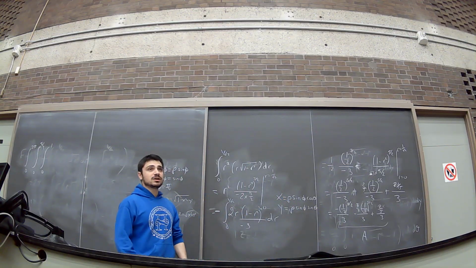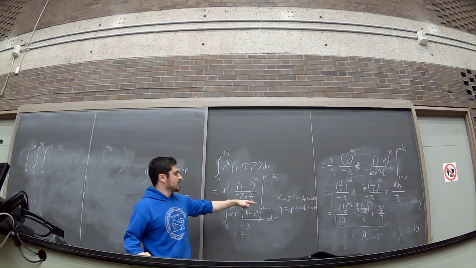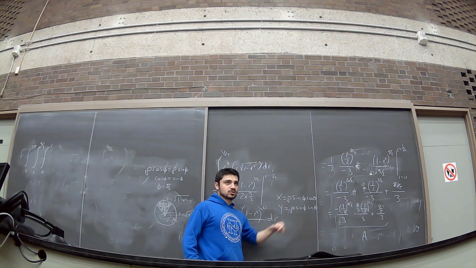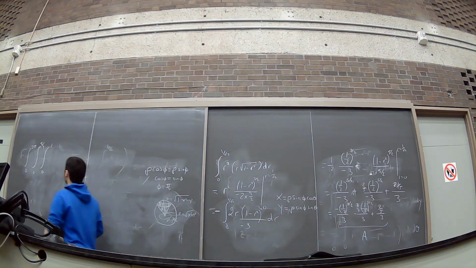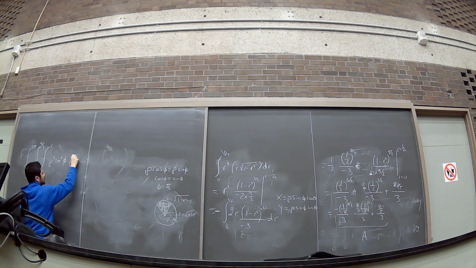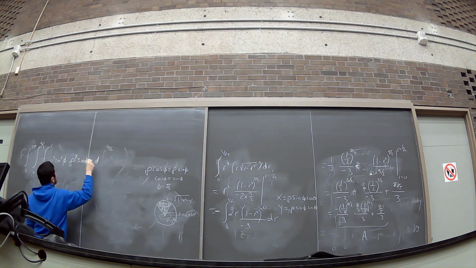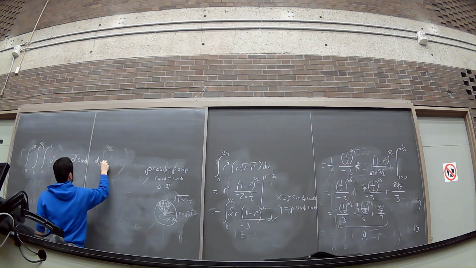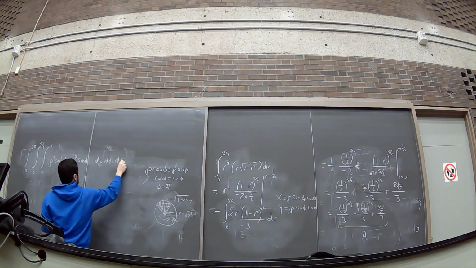When I square these two things and add them together, I get rho squared sine squared phi. So let's do that here. What do I have not to forget? The Jacobian. What is it? It's rho squared sine phi d rho d phi d theta.